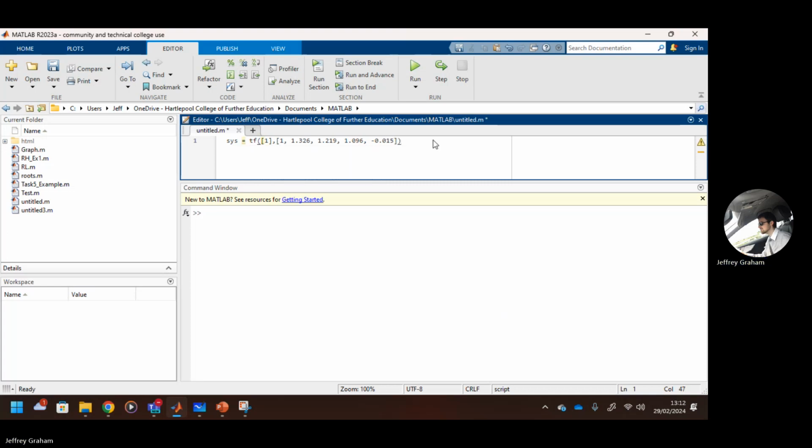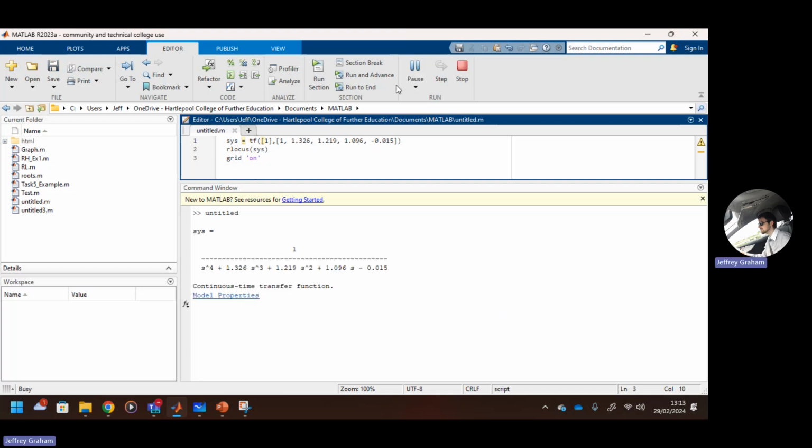Right, just produce the root locus for that system because it's the easy way to verify what I'm doing. Quickly run that.